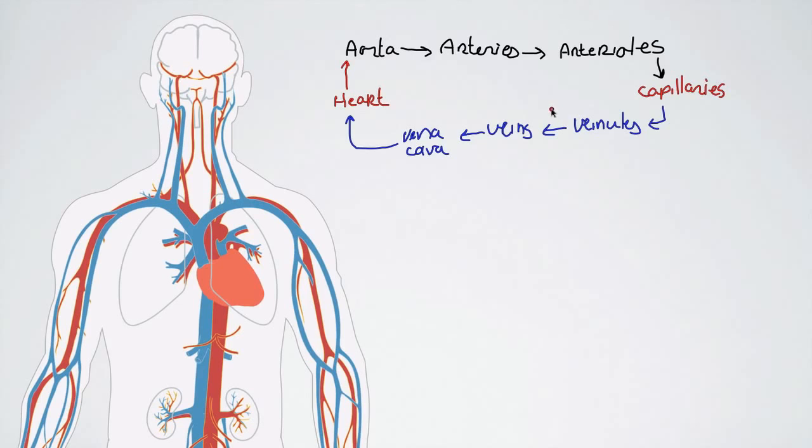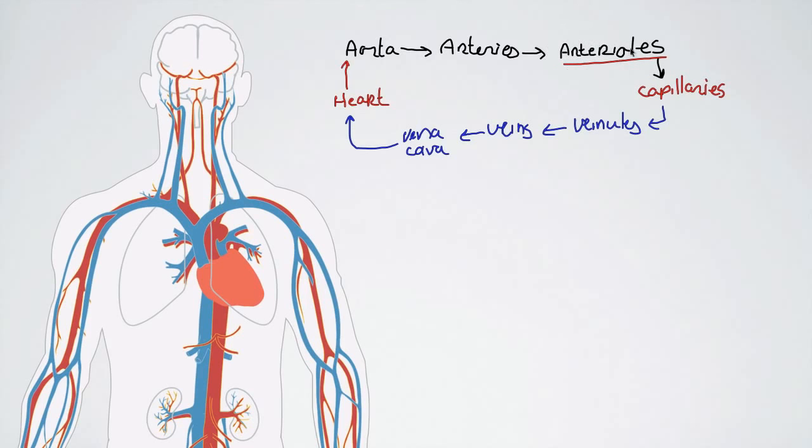Now, when it comes to peripheral resistance, the place that we're going to focus on would be the arterioles. The aorta and the arteries are relatively thick. Yes, they are flexible, but we don't have much in terms of changing the diameter of these guys. The arterioles have a significant smooth muscle layer that we can constrict or we can dilate. And if we constrict it, the diameter is going to be smaller, and that is going to increase peripheral resistance.